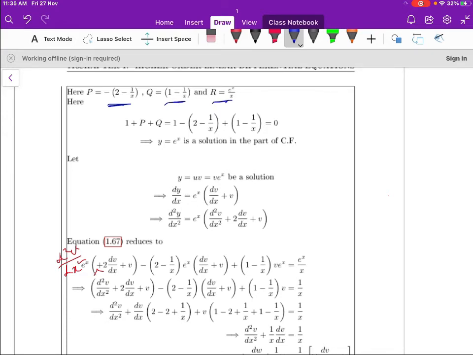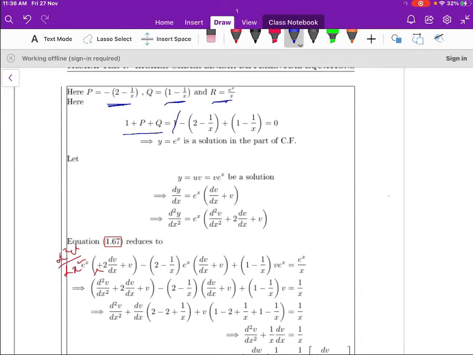So to find the second part of the complementary function, first you have to assume the first part of the complementary function, that is y1. To find y1 here, we discussed in the remarks that 1 plus p plus q, where p is minus of 2 minus 1 by x and q is equal to 1 minus 1 by x.